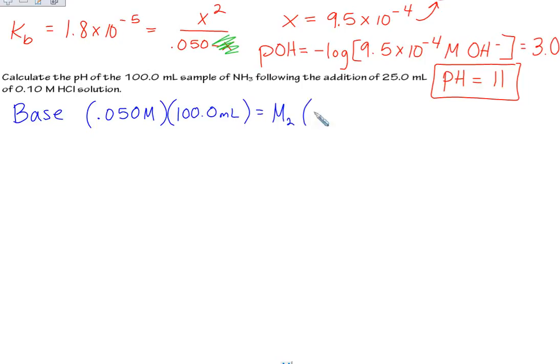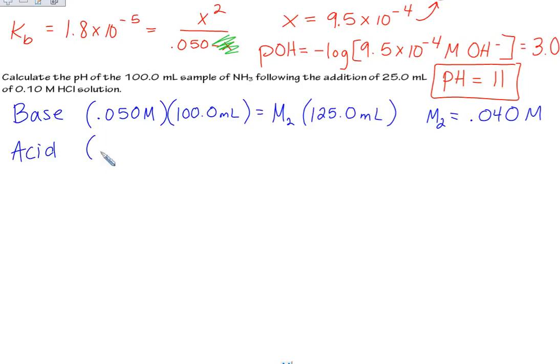So the final volume becomes 125. M2 comes out to 0.040. There's the base. We can leave 2 sig figs. I'm okay with that.